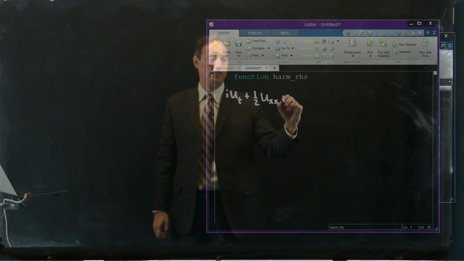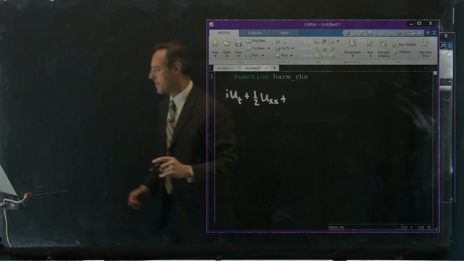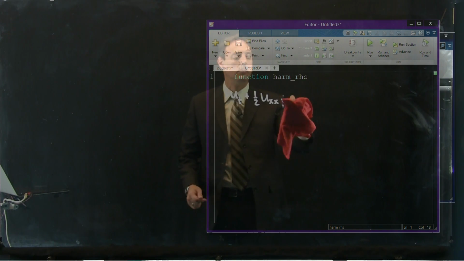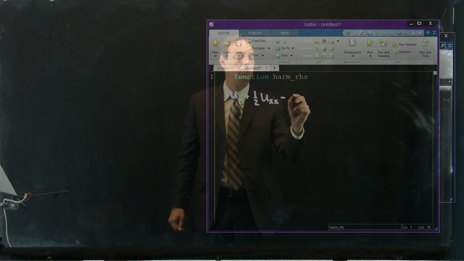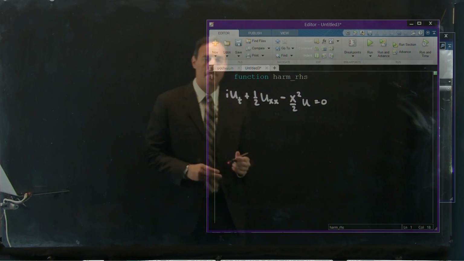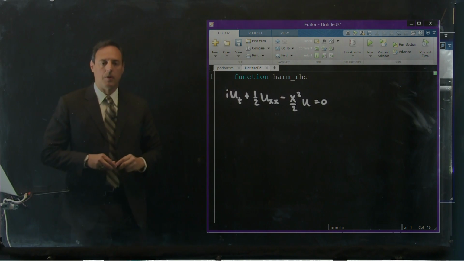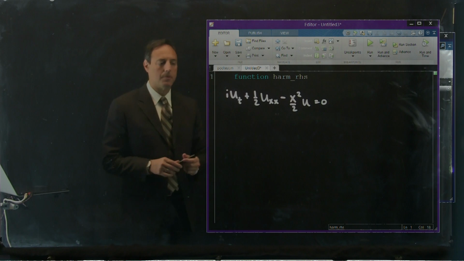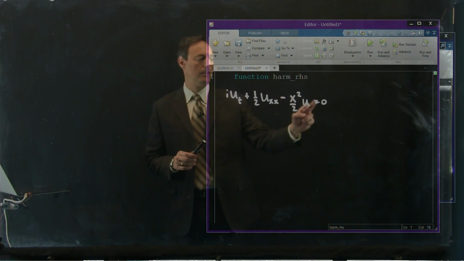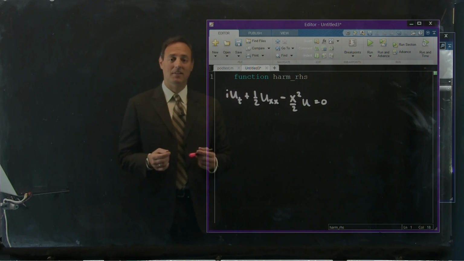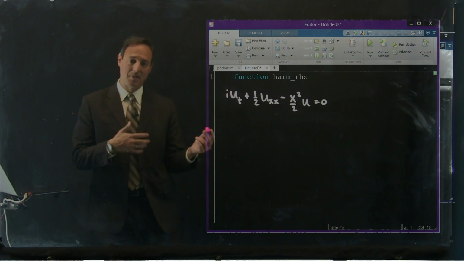I wrote down this as the governing equation, minus x squared over 2. That was our governing equation. So what I'm going to do with this is take the i ut to the other side and multiply by i. If I move it to the other side, it becomes a negative i ut.